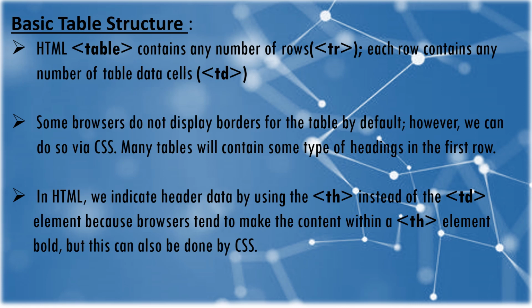Many tables will contain some type of headings in the first row. In HTML, we indicate header data by using the th tag instead of td. Browsers tend to make the content within a th element bold, but this can also be done by CSS.